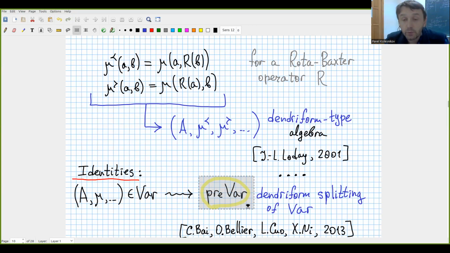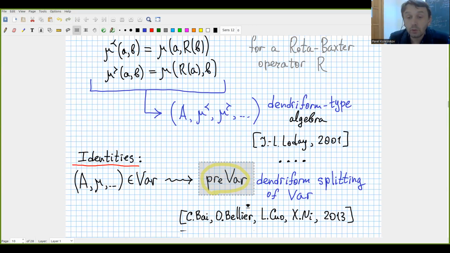I'm using the terminology by Bokut, Chen, and me of 2013. They described the procedure of how to write the identities of pre-Var. Of course, let us deal with multilinear identities only. This is not a restriction in characteristic 0, but to be precise, let us speak about multilinear identities.